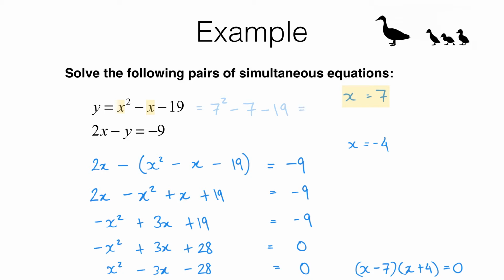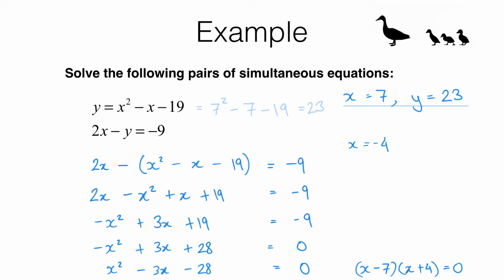And that is 49 minus 7, which is 42, minus 19, which gives us 23. So the corresponding y value for x equals 7 is y equals 23. This is our first solution set.